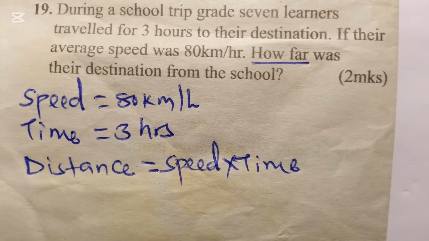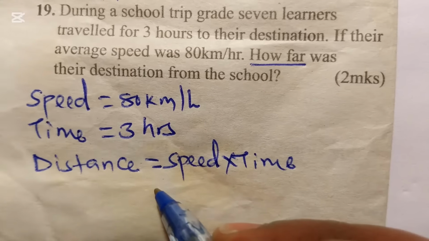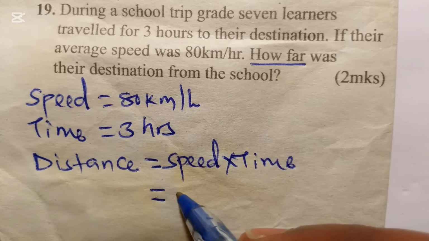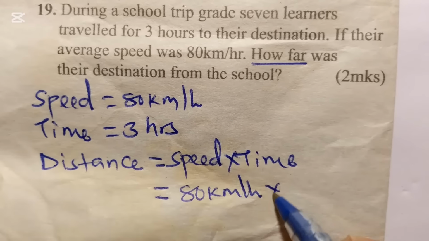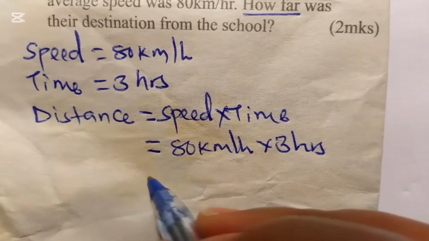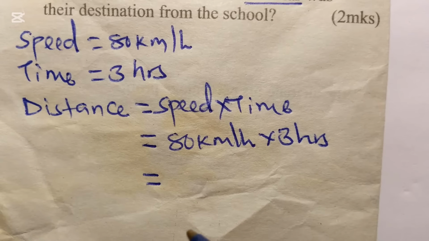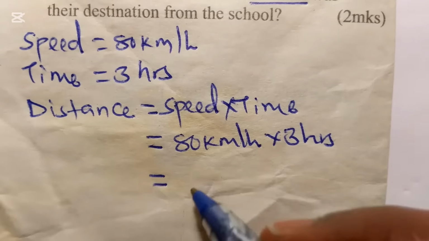So with the formula, we can replace the values given. This will be the speed, which is 80 kilometers per hour, multiplied by time, which is 3 hours. And this is supposed to give us 80 times 3, which is 240 kilometers.